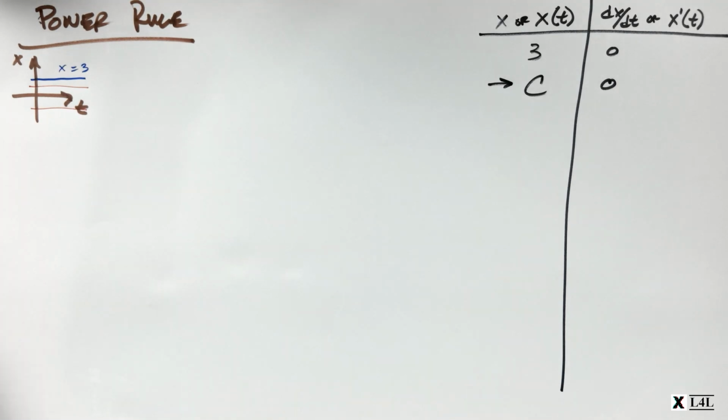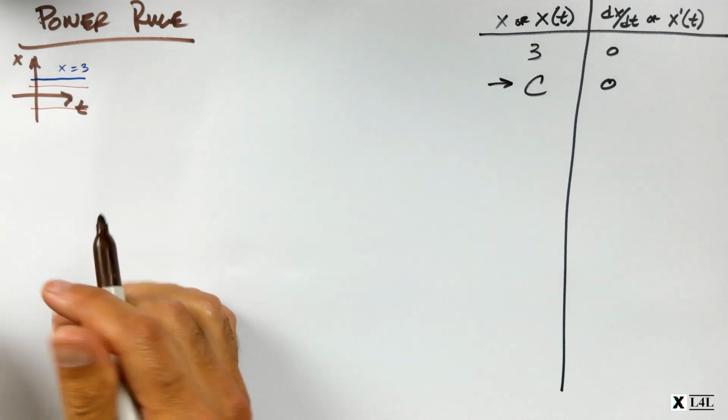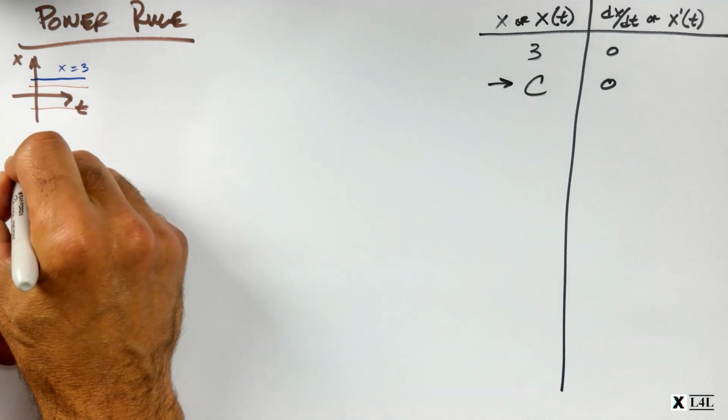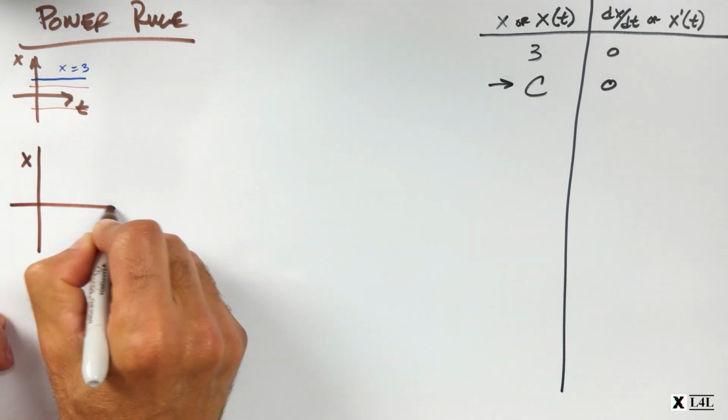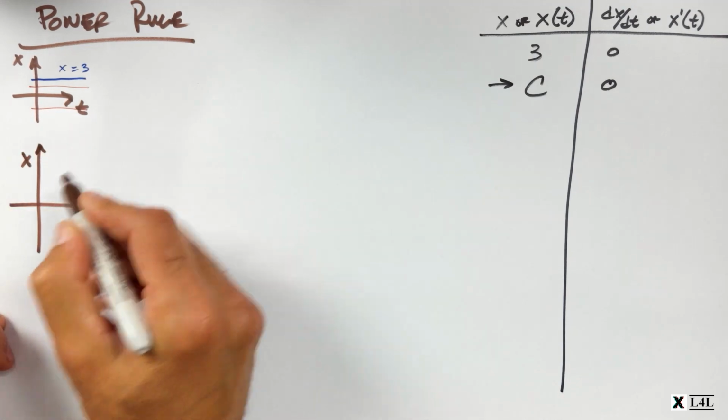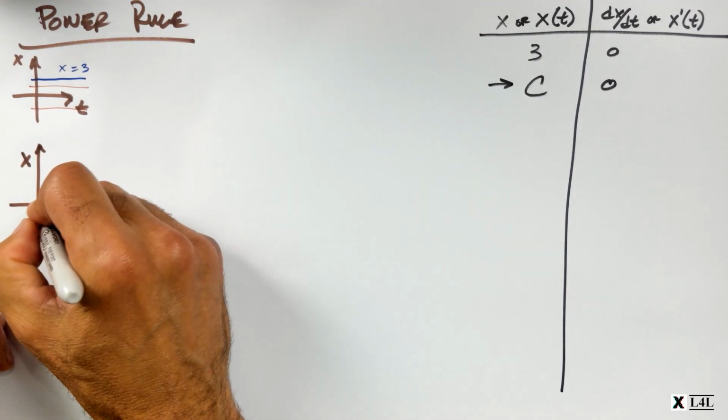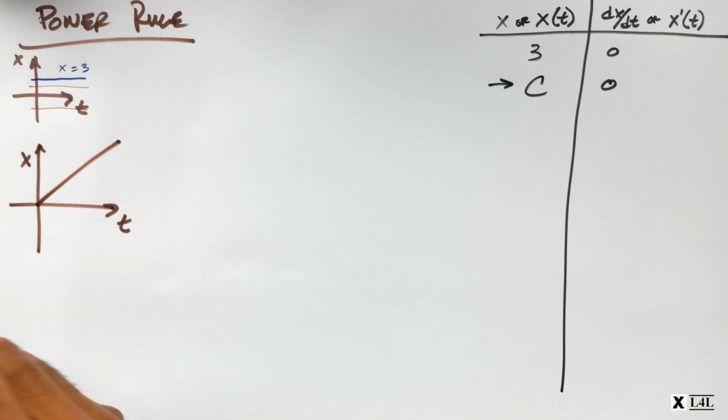Let's look at what we get if we have a linear function. Let's say we have x versus t again here. Well, that's almost like a one-to-one relationship.